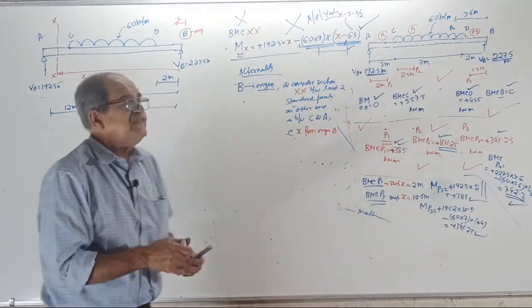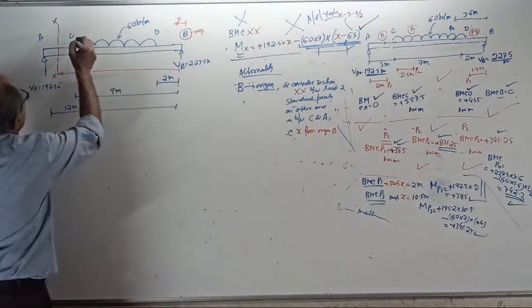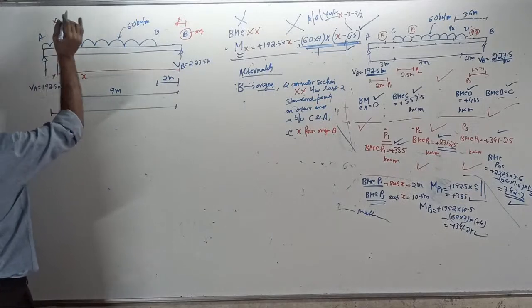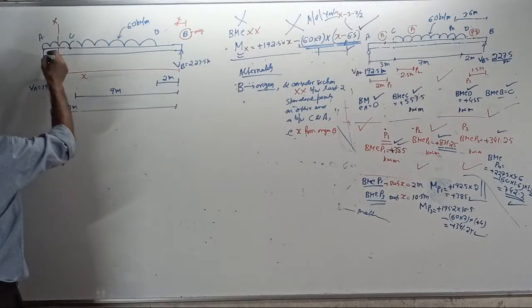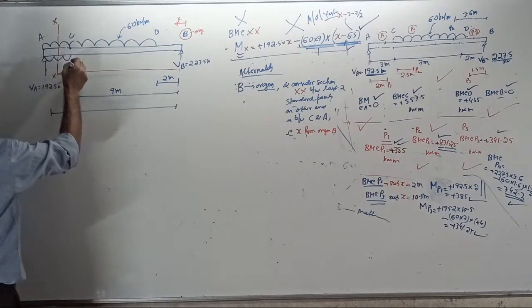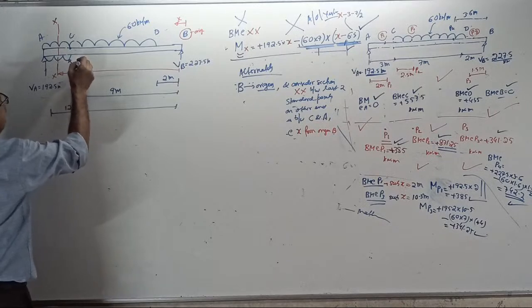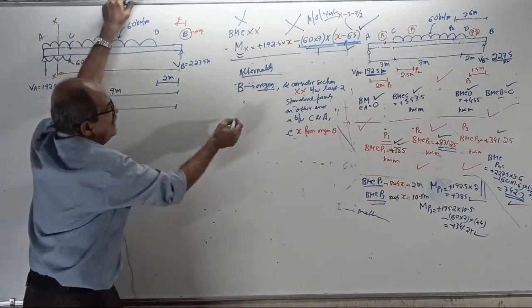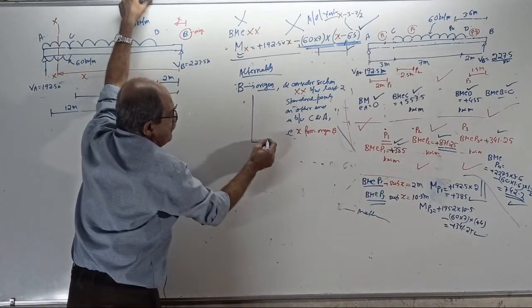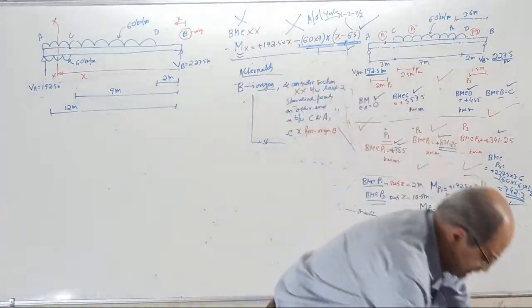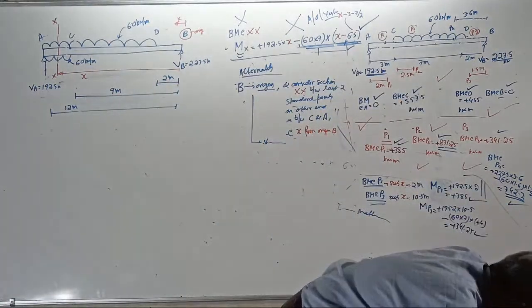So to satisfy that condition, you write here, extend the UDL up to A. Extend the UDL up to A, and for that extended extra length, introduce the same UDL of 60 kN per meter in upward direction. Write all these statements, clear or not? First, all the statements you have to write.